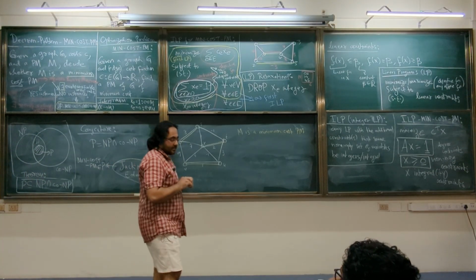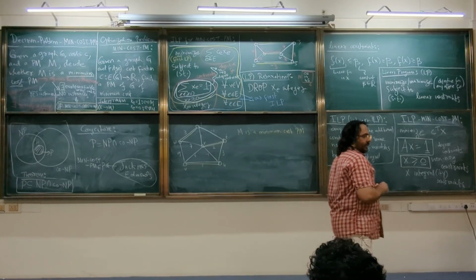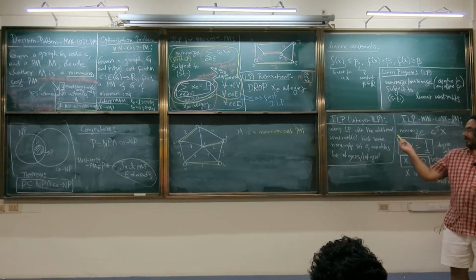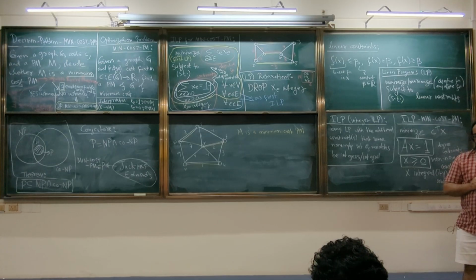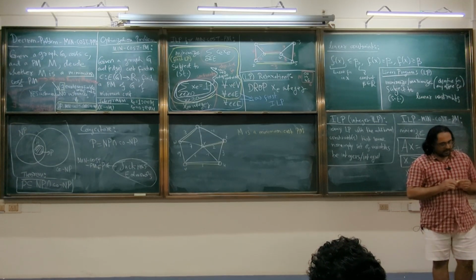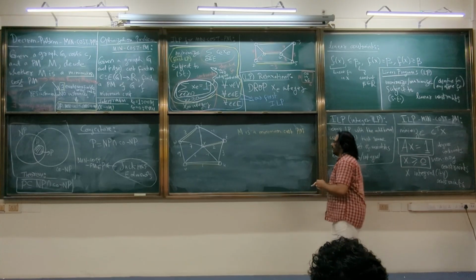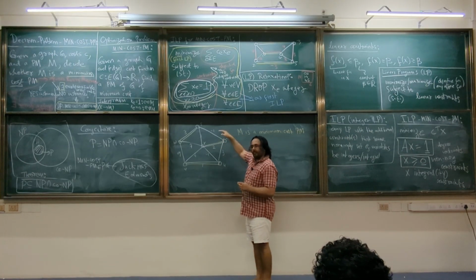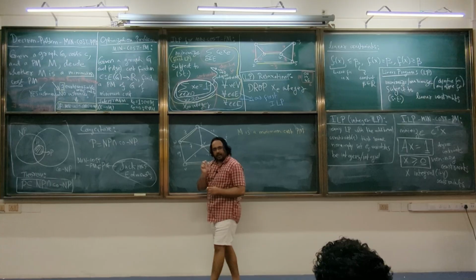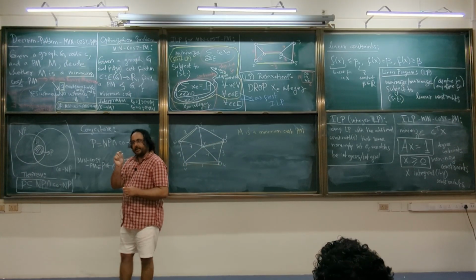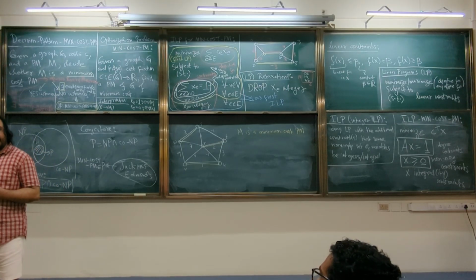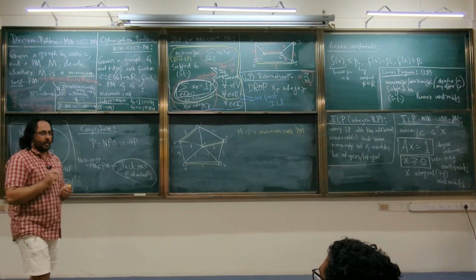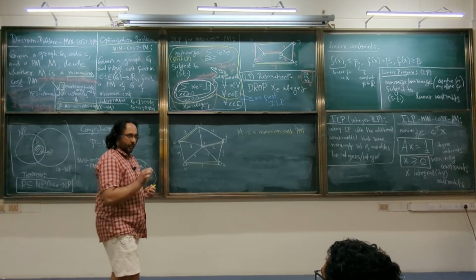So maybe there is another way to convince someone that this is actually a minimum cost perfect matching in this graph. And I want to give you a hint in that direction. Let me ask you a question. Supposing I take one vertex and I look at all the edges incident at that vertex and I increment or decrement the cost of all these edges uniformly.